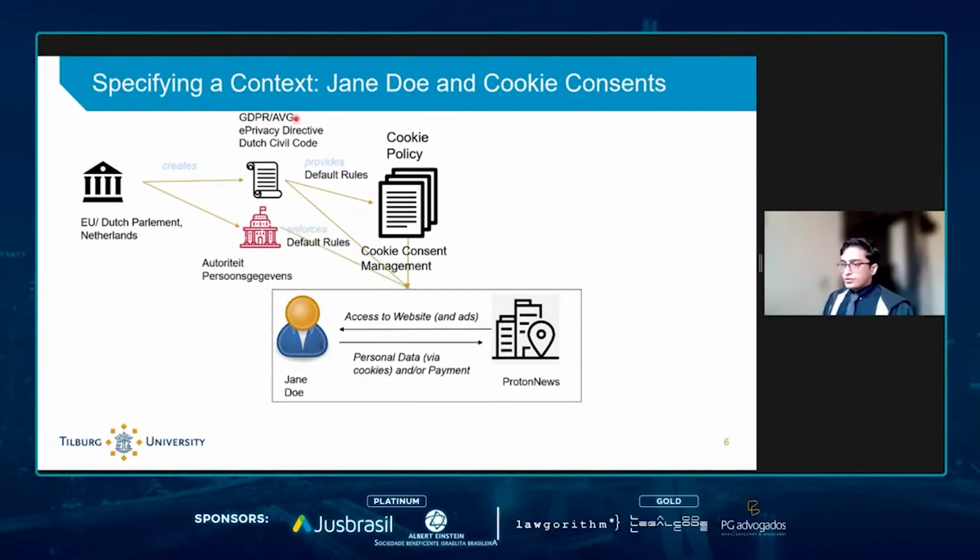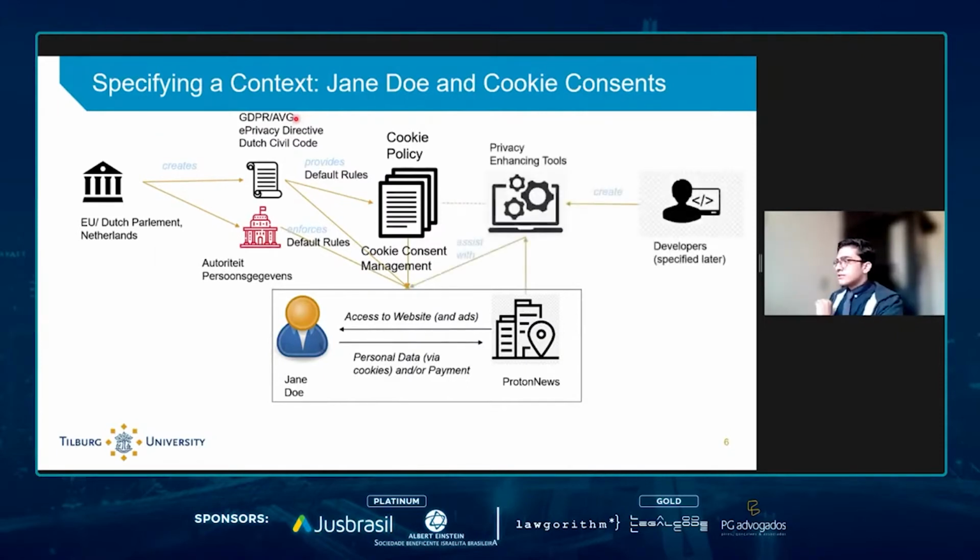We also have the Autoriteit Persoonsgegevens, which enforces these default rules and also provides guidelines for this interaction. But our focus today is on this side of the context, where you have developers providing privacy enhancing tools that assist Jane Doe in this transaction, and where you have Proton News providing its own cookie consent management platform.